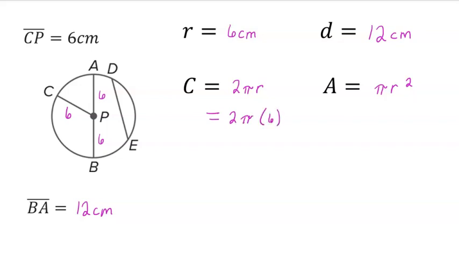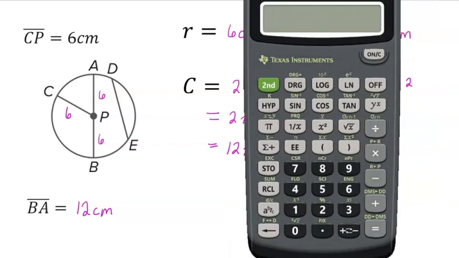So in your calculator, you're going to do all of your numbers. So we've got 2 times 6 gives me 12, and then we're going to put pi at the end. If they ask for the exact answer or the answer in terms of pi, you would just leave it as 12 pi.